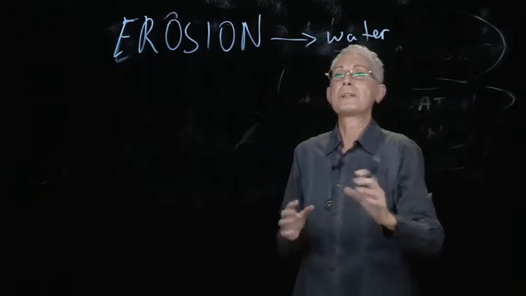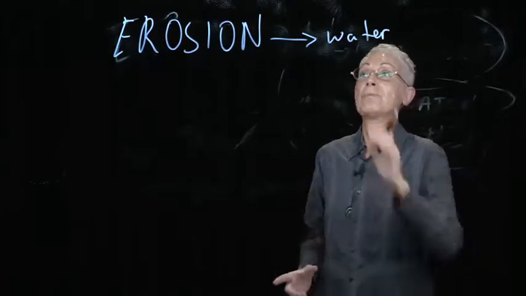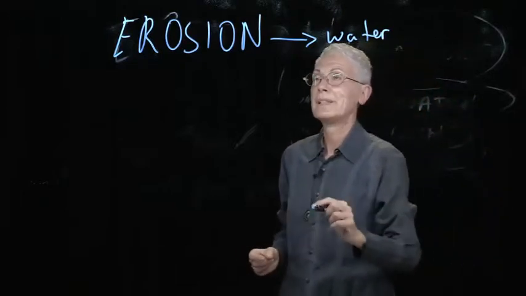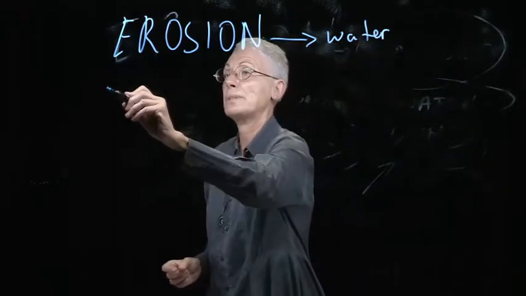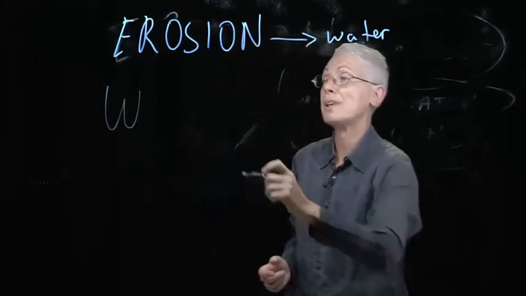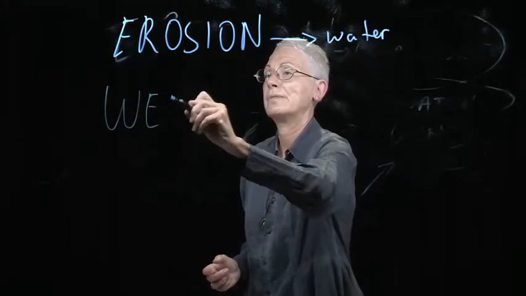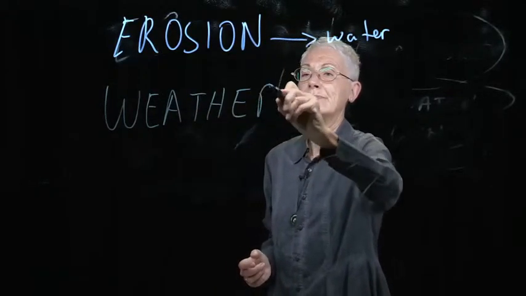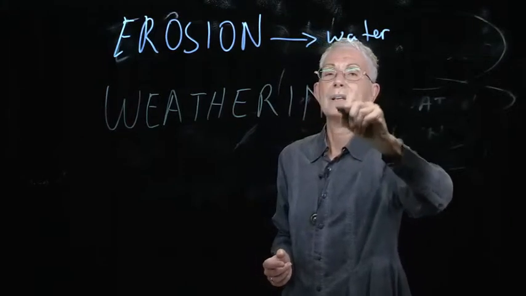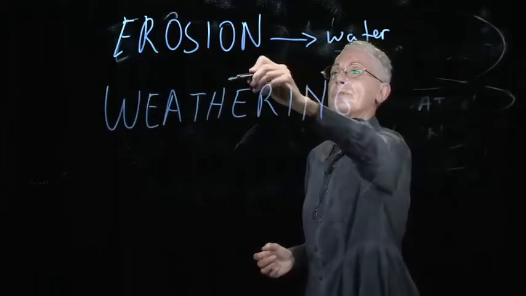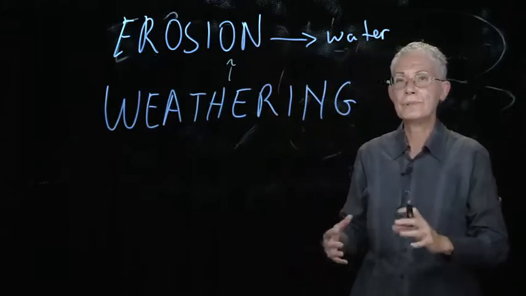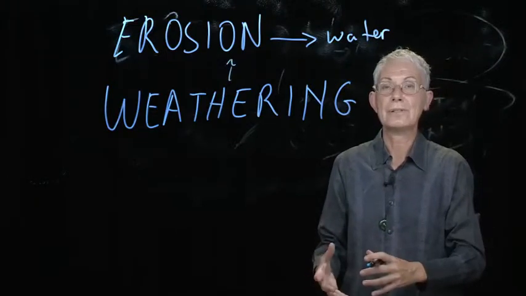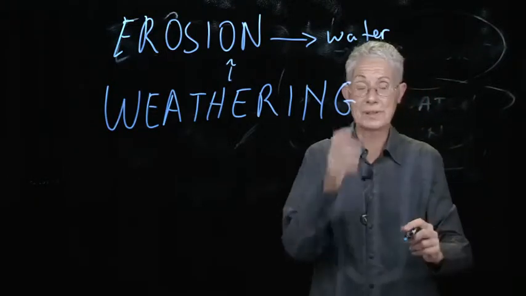And water is doing much better, there is more erosion on Earth due to water than to wind, but there is also another very important process of landscape shaping. This one. It's called weathering. Weathering differs from erosion because the products of the rock breaking remain on site. They are not transported.